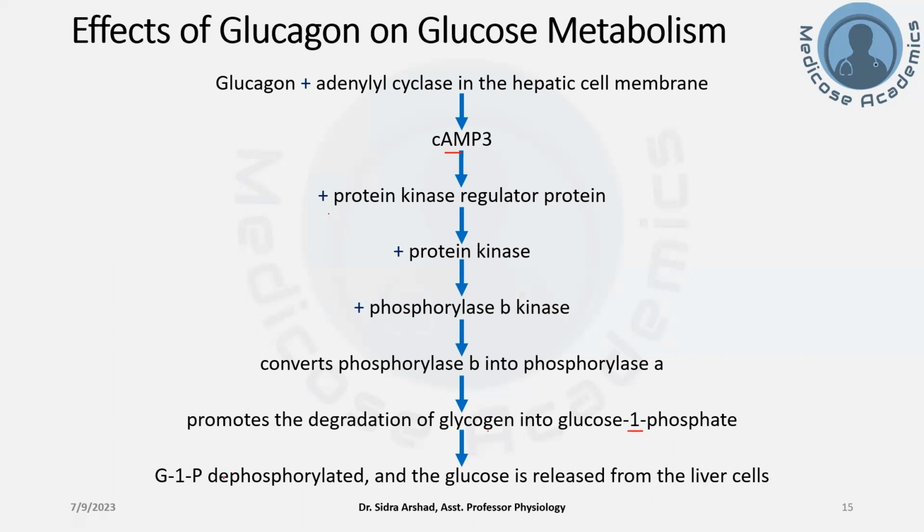Glucose 1-phosphate is dephosphorylated and glucose is released from the liver cells. So this is the mechanism of release of glucose in the presence of glucagon. When it stimulates the hepatocytes, the glucagon causes the release of glucose from the liver cells through this mechanism, which involves the second messenger cyclic AMP.